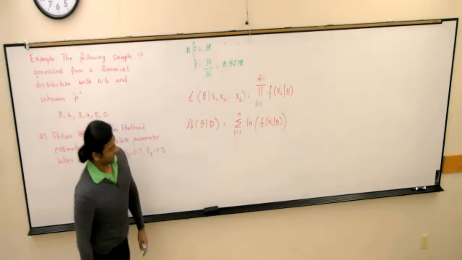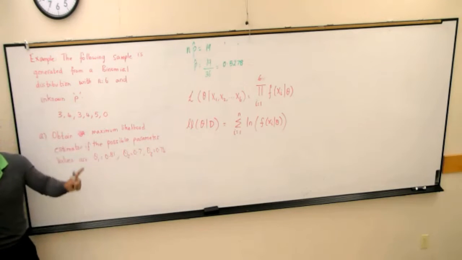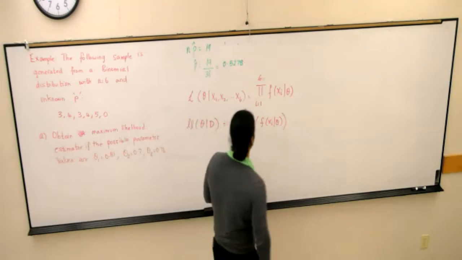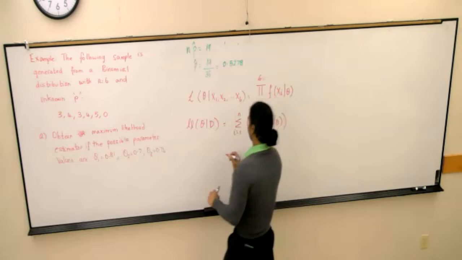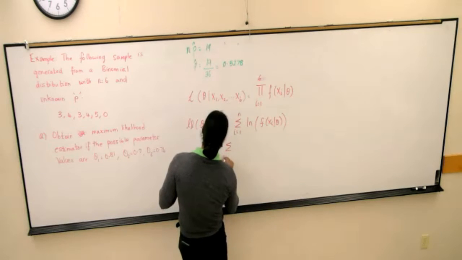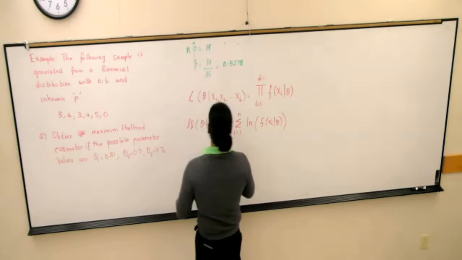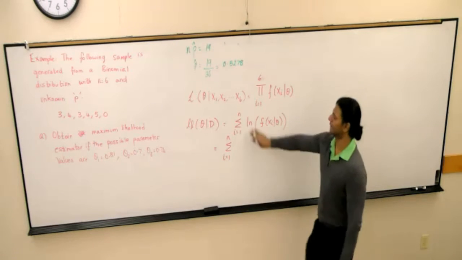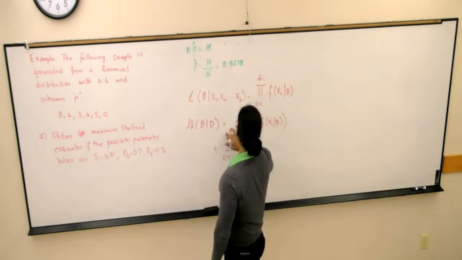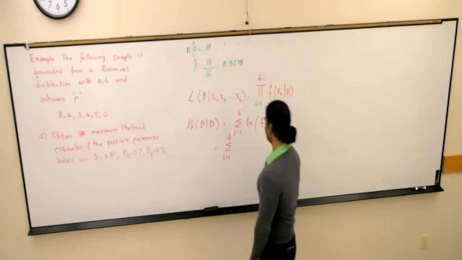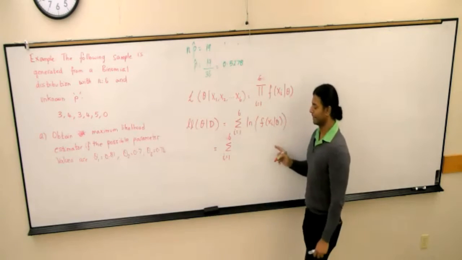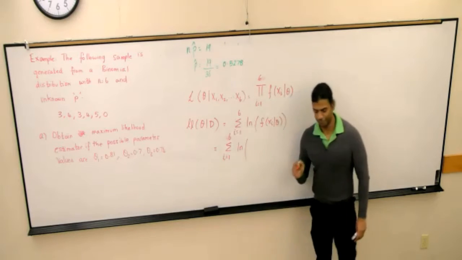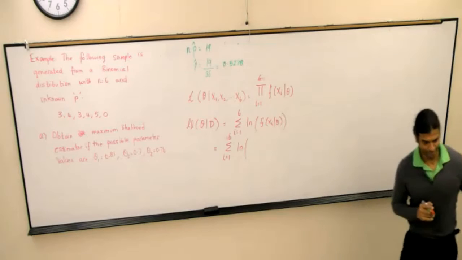And since I know the density of a binomial, or probability mass function of a binomial, N should just be 6. What is the PMF of a binomial?